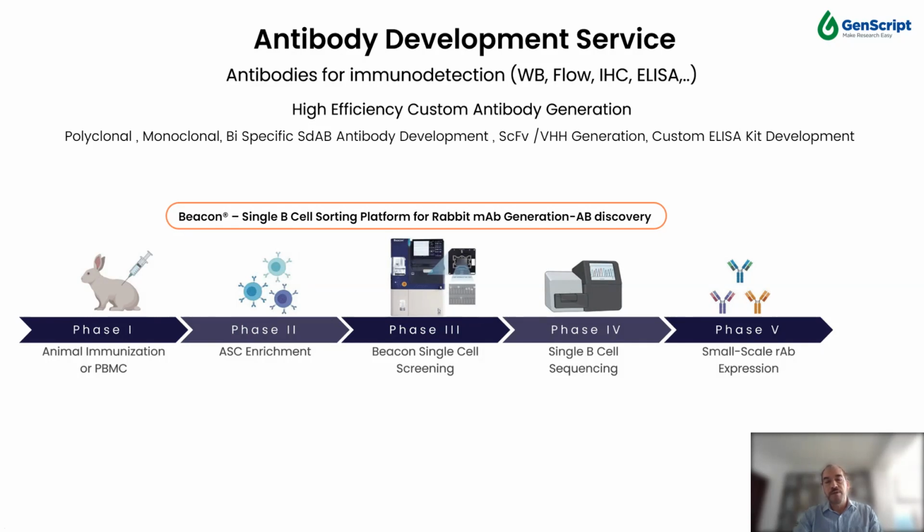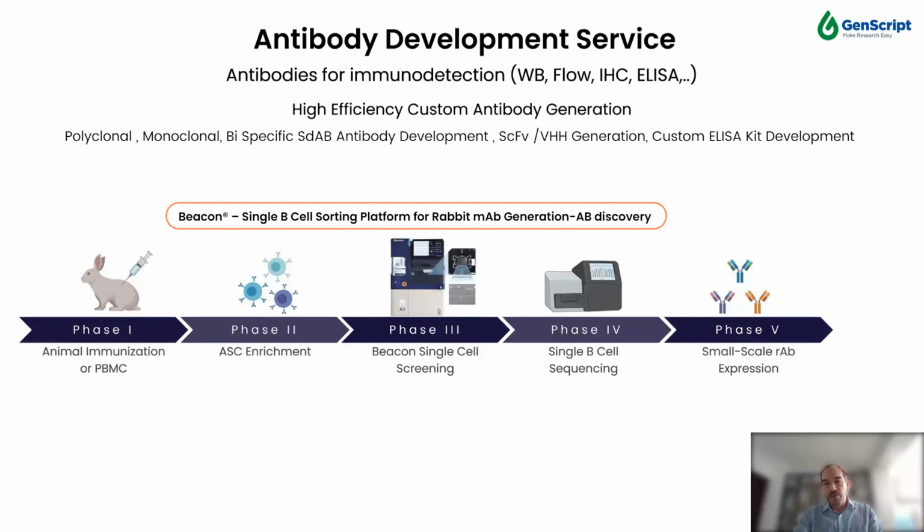Rabbit antibodies are very well known for being very specific. So they're very often the antibody of choice for various assays in the target discovery stage. So we have a very efficient platform in that regard. We can start with the rabbit optimization, then PBMC enrichment. Then using the Beacon system, we do single cell analysis and screening to see which ones are the desired clones.